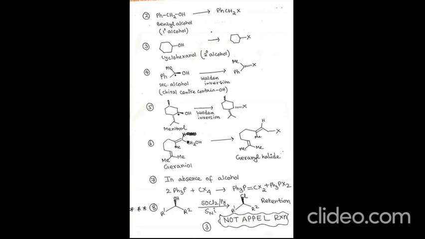But if we want to convert that chiral alcohol to the halide with retention of configuration, then what is to be done? In that case, the alcohol should be allowed to react with thionyl chloride in presence of pyridine, and the reaction will proceed through retention of configuration, and obviously the mechanism is not SN2. This conversion with thionyl chloride in presence of pyridine proceeds through SNi, the nucleophilic substitution internal, which proceeds through same side attack.